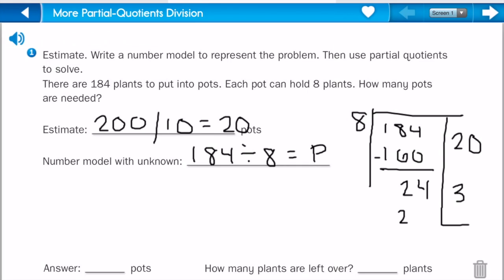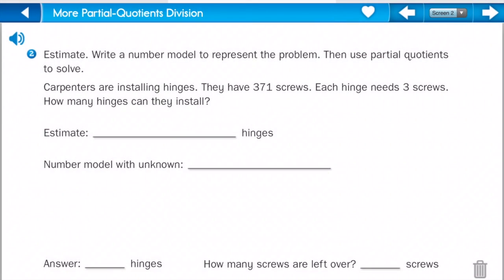So, put that there. And now I get to my 0, and I know that I'm done. So now I add 20 plus 3 to get 23. And so my answer is going to be 23 pots. And then how many pots do I have left over? 0.